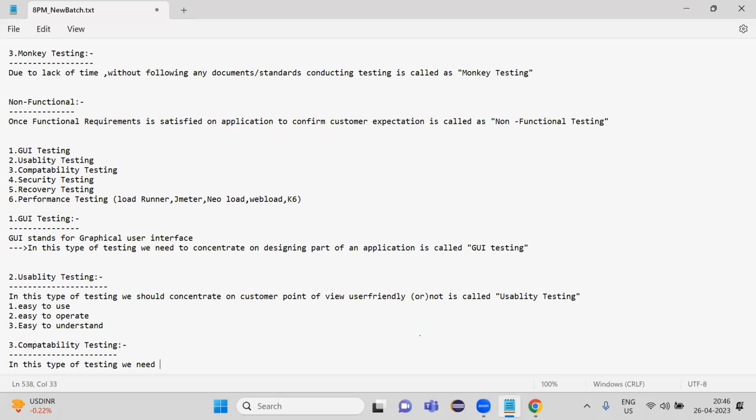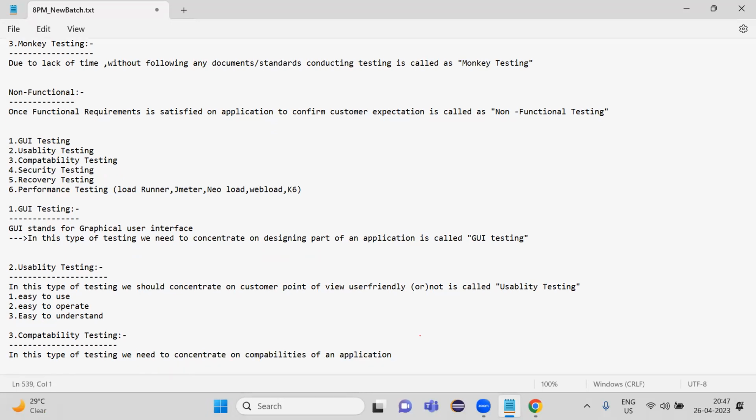We need to concentrate on the compatibilities of an application. Here, what are the different types of compatibilities we are having?